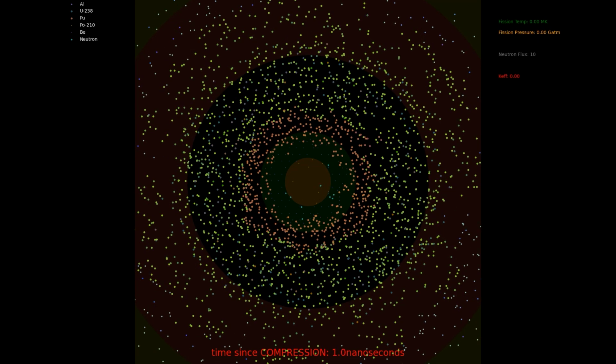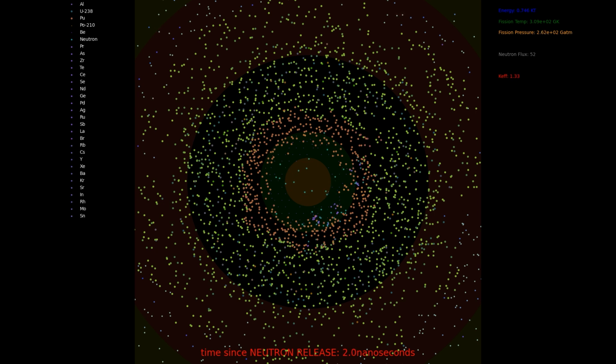At the moment the core becomes supercritical, each 10 seconds of our video equals just 1 nanosecond in the simulation. The gold foil ruptures. Alpha particles from polonium hit beryllium, and the neutrons they release flood the supercritical core.